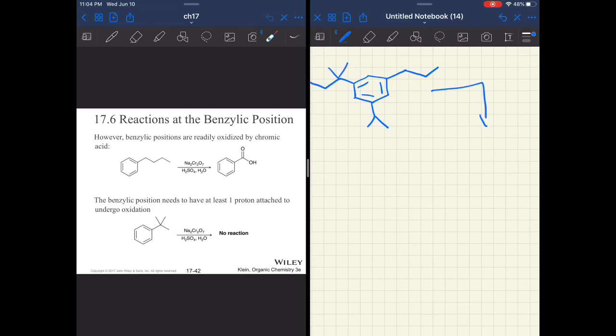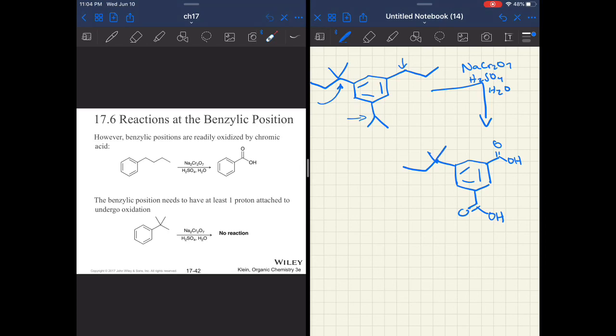I'm going to swing this around. But if I treat that with sodium dichromate and acid and water, then I need to think about which positions are going to be oxidized. Well, the propyl group, it's a CH2 here, so that one would be oxidized. Isopropyl, we talked about that. That one would be oxidized. And while this isn't a tert-butyl group, it's got that substitution around the benzylic position like a tert-butyl group, it would be unaffected.